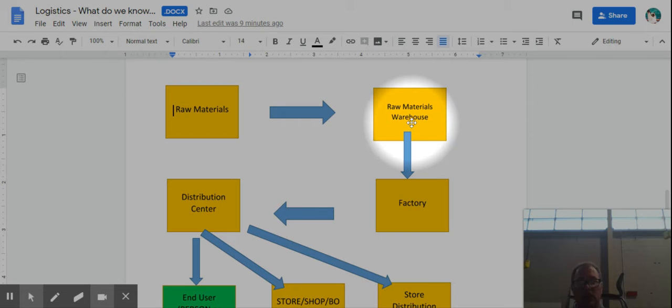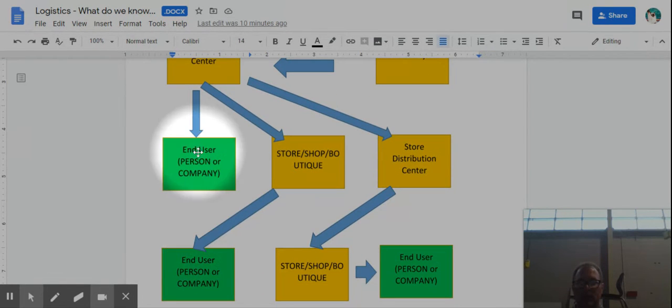It then might get moved across the other side of a really big building, or it might put it on another truck and send it to a factory if they've got a couple of them. There's definitely transportation here. There's transportation here. There's transportation here. Okay. And there's lots of people behind the scenes trying to get our exciting can of corn from here to the end user here, here, and here.